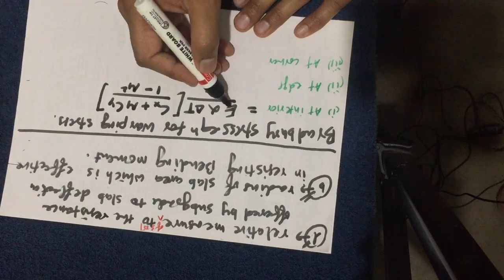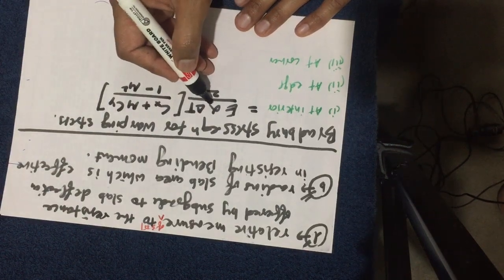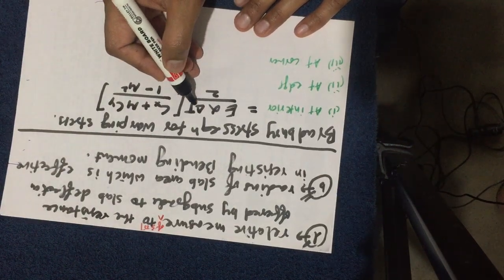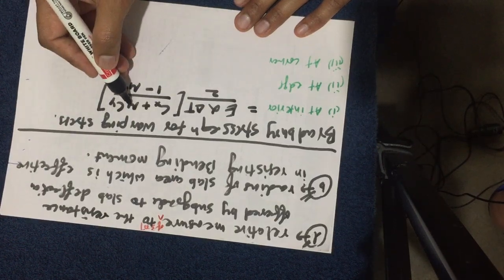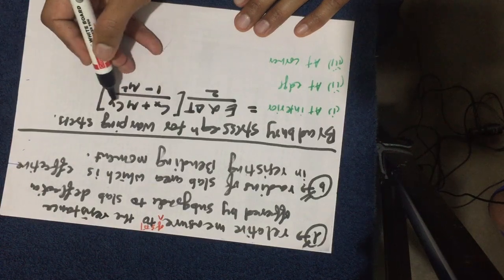So Cx and Cy are two constants, mu is the Poisson ratio. Cx and Cy are Bradbury's coefficients.